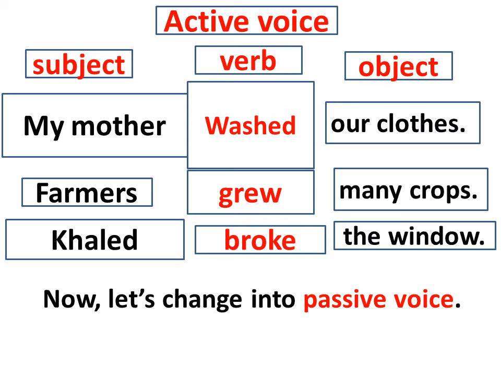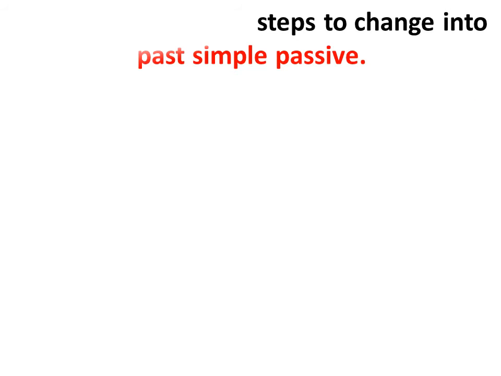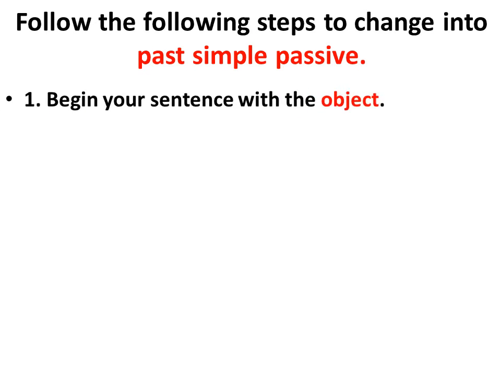Now let's change this sentence into the passive voice in the past simple. Also, I remind you of the steps that help you to change from active voice to passive voice. Step 1. Begin your sentence with the subject.